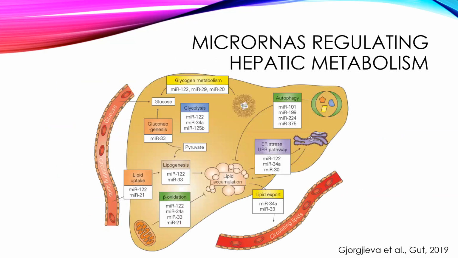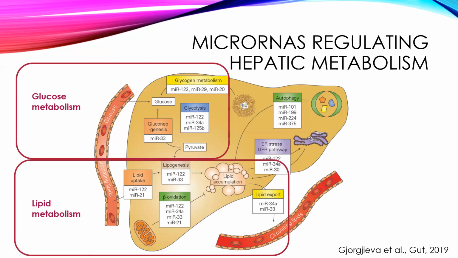Why were we interested in microRNAs and NAFLD? NAFLD, as I mentioned, is a predominantly metabolic disease, and there is an extensive amount of literature on microRNAs regulating hepatic metabolism. As you can see here, they can regulate two main deregulated processes in the liver in NAFLD: glucose metabolism, so glycolysis, glycogen metabolism, gluconeogenesis, where an excess of glucose contributes to NAFLD through the synthesis of lipids that accumulate in the liver.